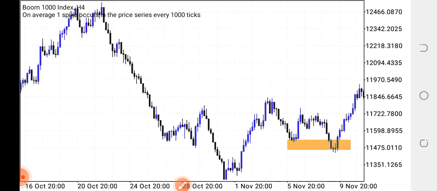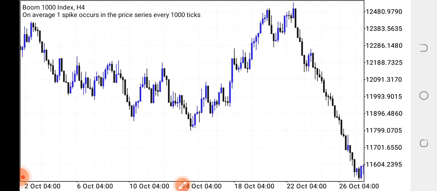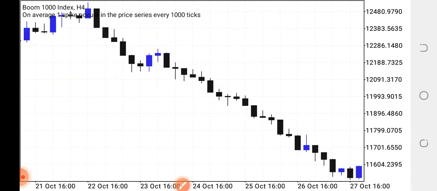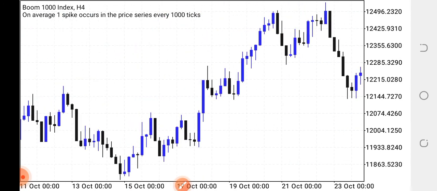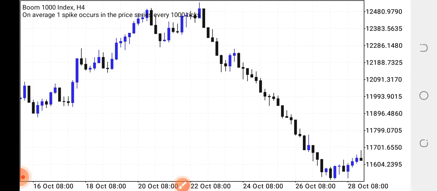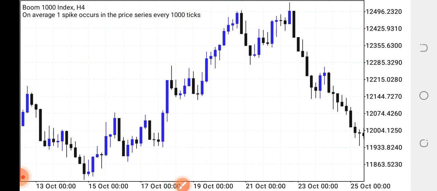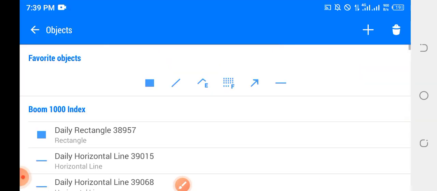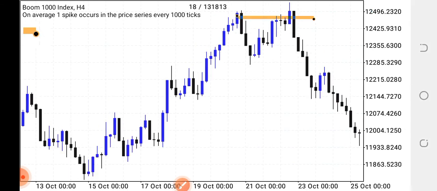So another one again. Okay, can I call this a double bottom pattern? Yeah, I can also call this, but I don't think we had a good retest. But yeah, it's also a double top pattern, not double bottom, I mean to say.